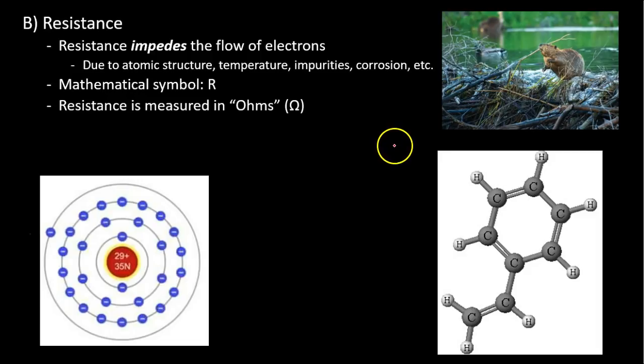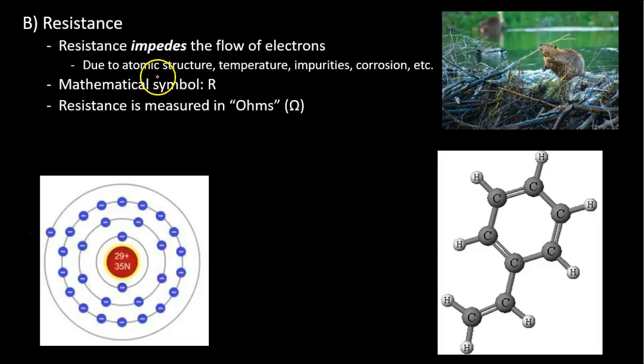For electricity, you can have resistance in wires, in light bulbs and the filaments of bulbs, inside the circuitry of your smartphone or a computer. Resistance is either not by design, you don't want it, or sometimes we kind of want to throttle back how much electricity is flowing. We might want to actually add resistance in a circuit.